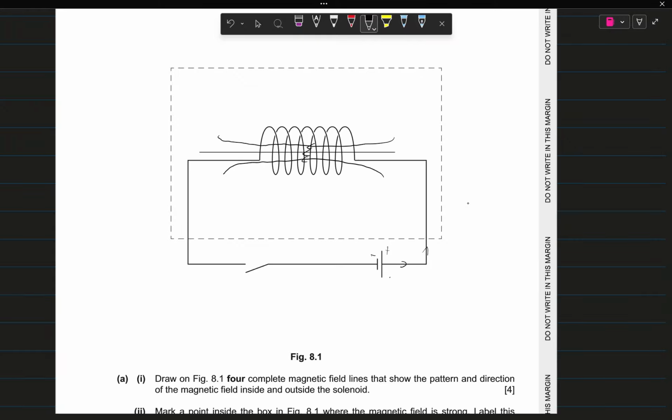Now, why is it curved? It's essentially because here, the field lines go like a full circle, like so. Here. So technically, this part here is also a full circle that goes like so, but we don't draw it for space. The same goes like so here. Now, for this part here, of course, it goes like so. Here, the direction is kind of reversed because it does a full 360.